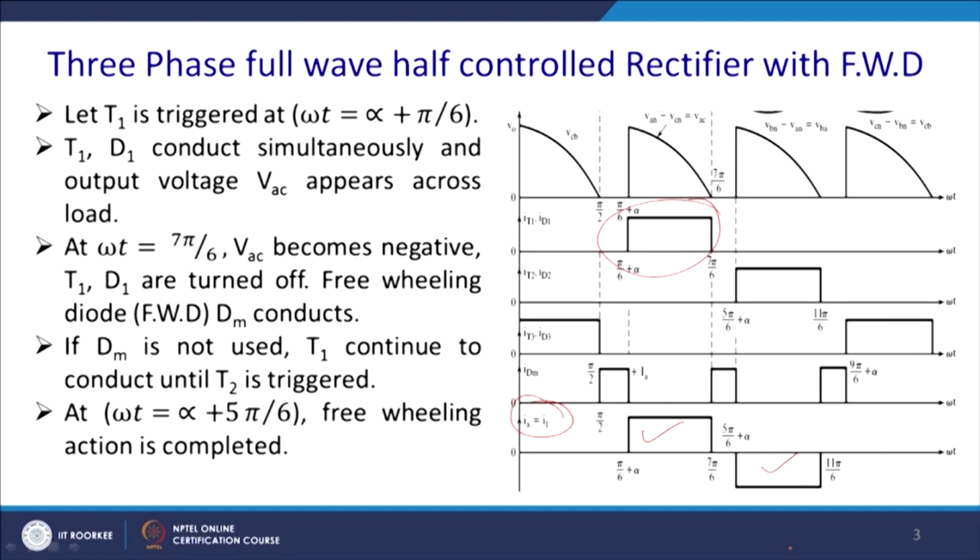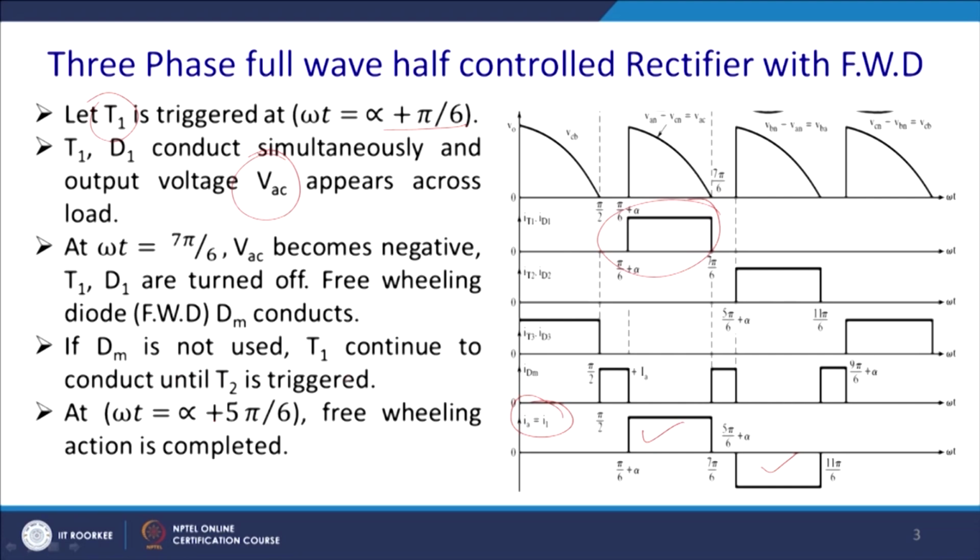It is quite elementary, just for the recap I am telling: let us take T1 to be triggered at an angle alpha plus pi by 6. T1 and D1 conduct, and the output voltage VAC will appear, and at omega t equal to 7 pi by 6, VAC becomes negative, T1 and D1 are turned off, and free wheel action takes place.